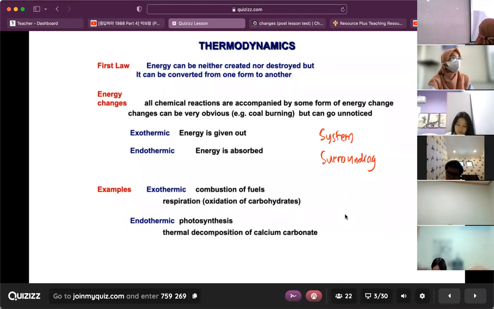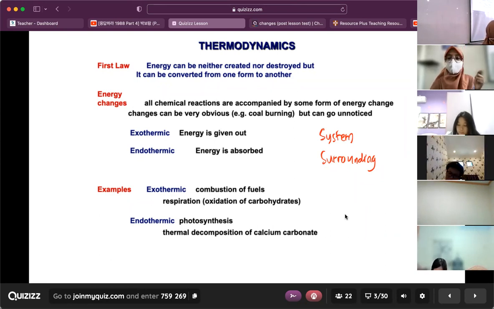Let's say you mix hydrochloric acid and sodium hydroxide. The system is the sodium hydroxide and the hydrochloric acid. The surrounding must be other than hydrochloric acid and sodium hydroxide. It can be the water. What else? When you mix sodium hydroxide and hydrochloric acid, you need a container or beaker. So the beaker is also the surrounding.